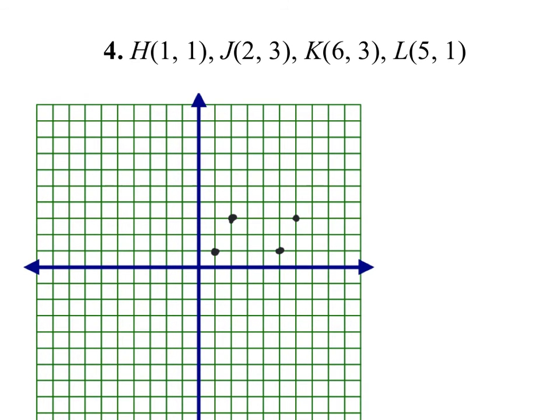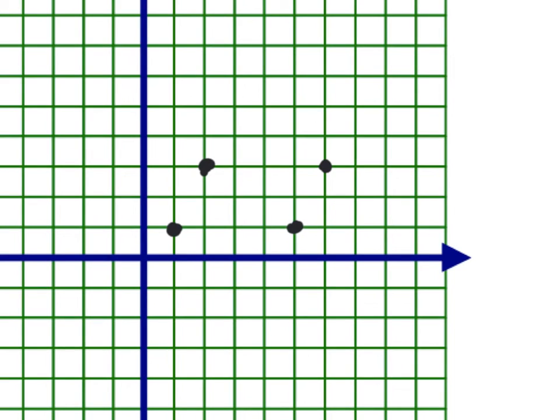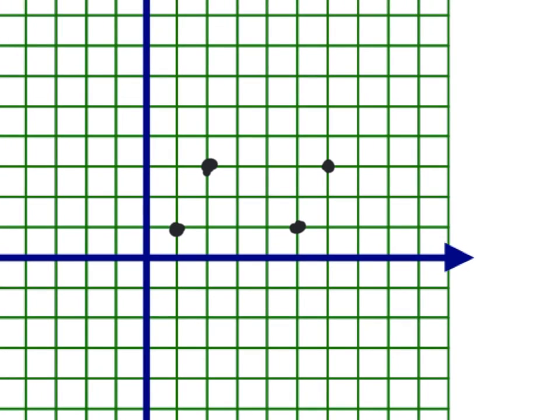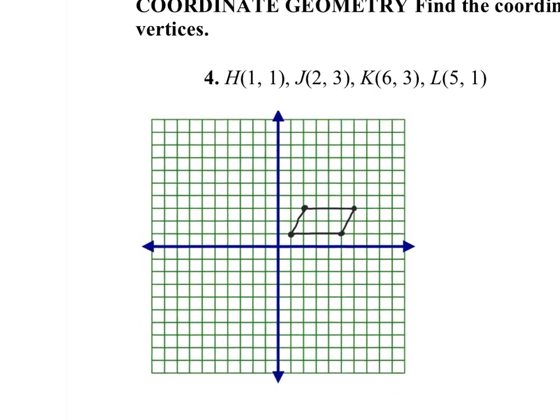Okay, and I'm just going to go ahead and zoom in on this real quick and connect my dots. And it wants us to find the coordinate of the midpoint. Well, before I do that, I'm going to do HJKL.